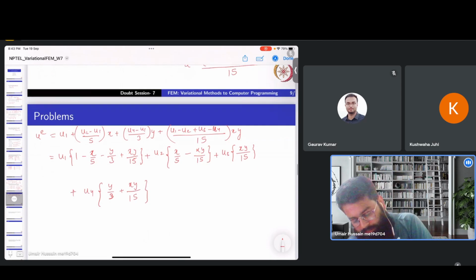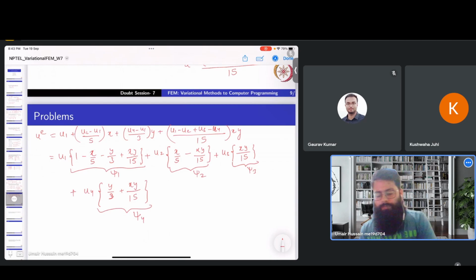So you see, this would be our first approximation function, second, third, and fourth. Okay. I hope this is clear.